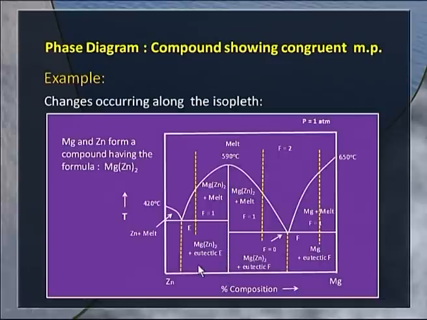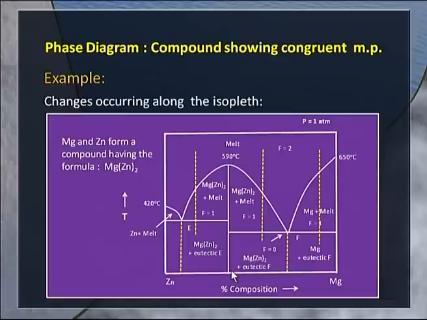If you take zinc and magnesium in the proportion corresponding to the compound formation, as you heat it, no liquid will appear until you reach the temperature corresponding to the maximum here, that is 590 degrees centigrade.